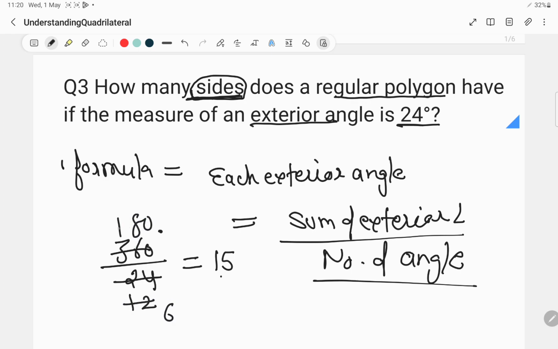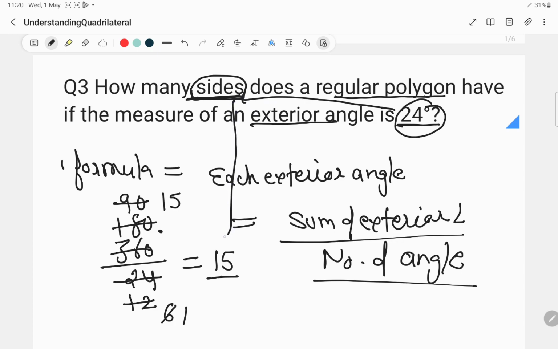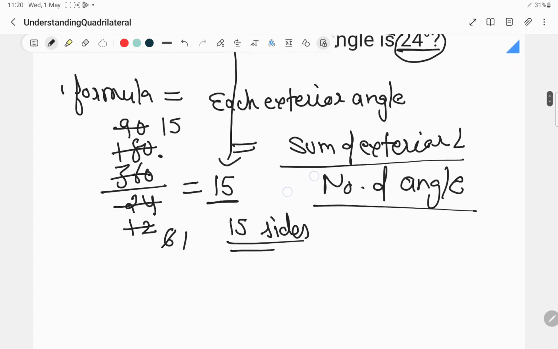Now 2 sixes are 12, 2 nines are 18, 6 ones are 6, and this is 5 sixes are 30. So if a polygon is given whose exterior angle is 24 degrees, then it will have 15 sides. So this is the solution of question number 3.